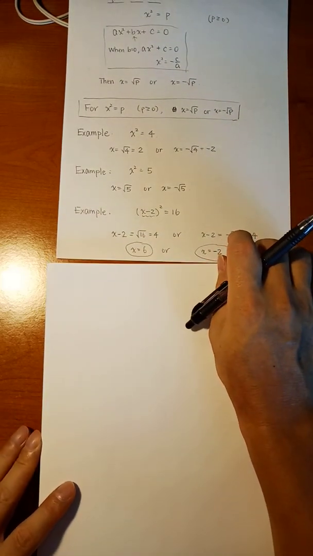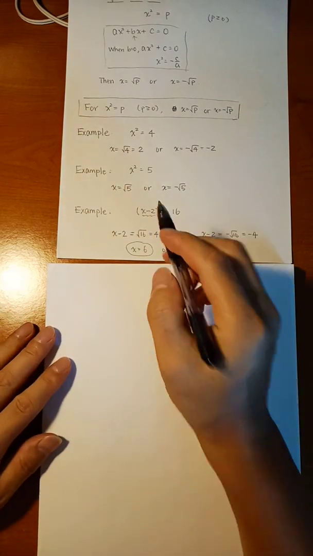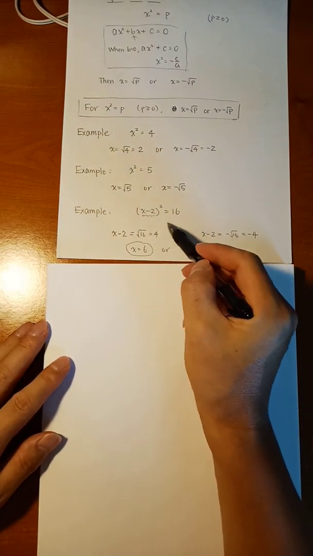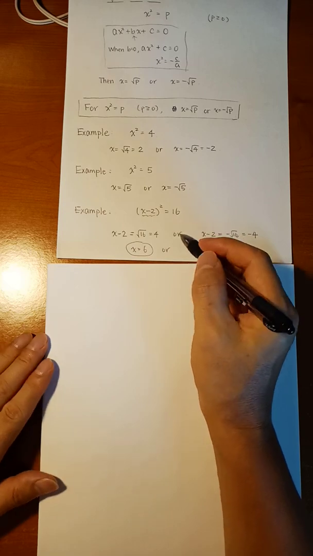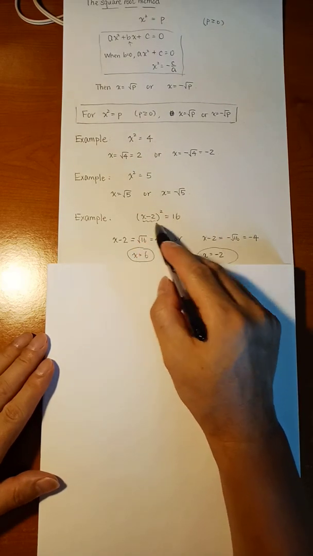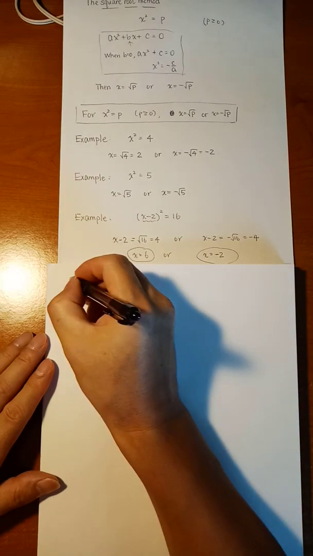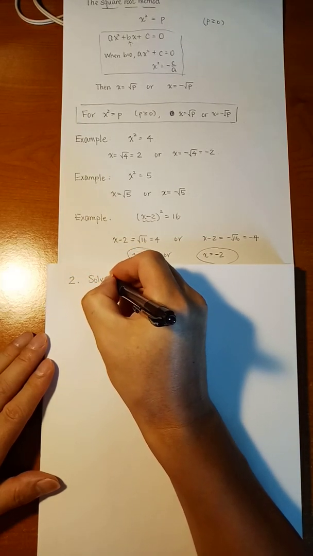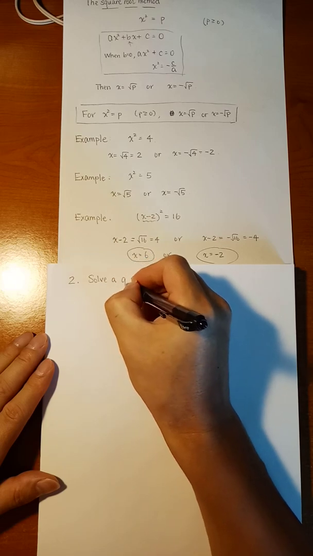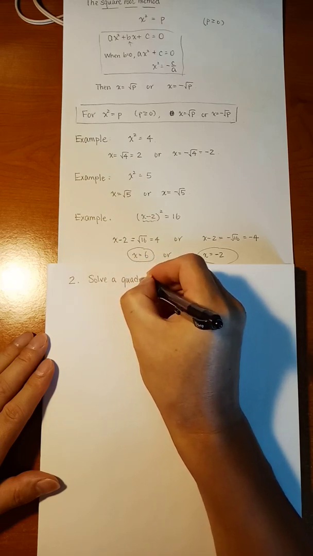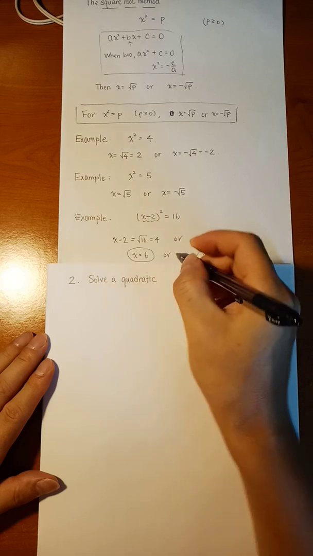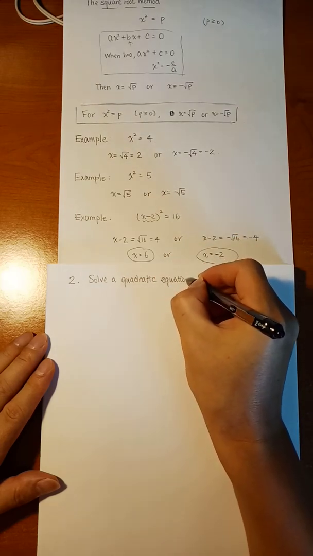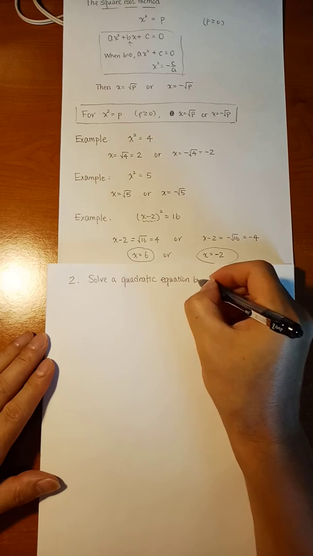Okay, so this gives us an idea. If we have this type of equation, we can solve it. Now let's see how we get this type of quadratic equation. We solve a quadratic equation by completing the square.